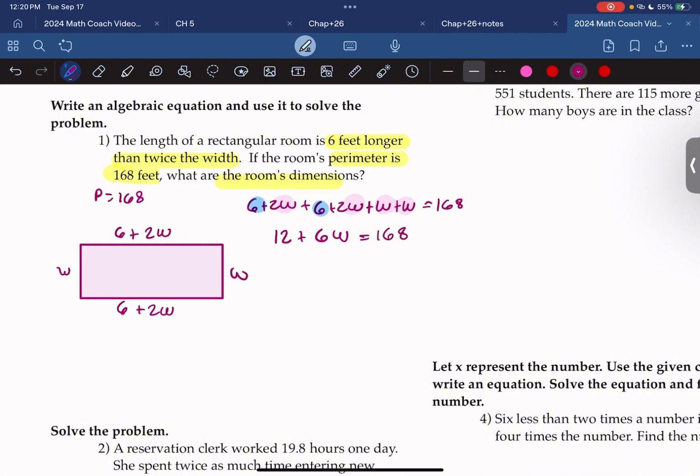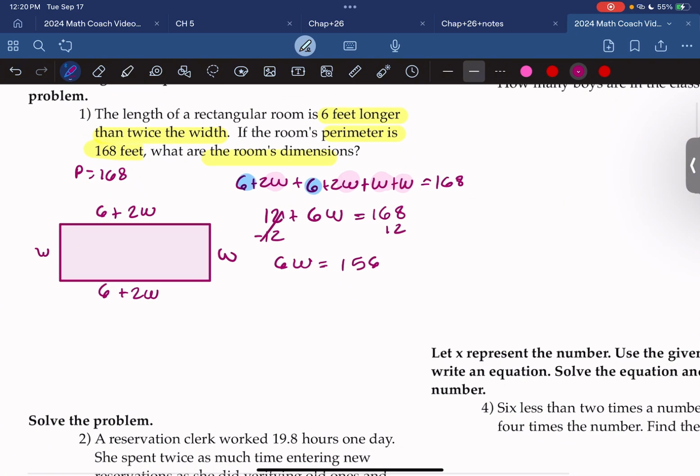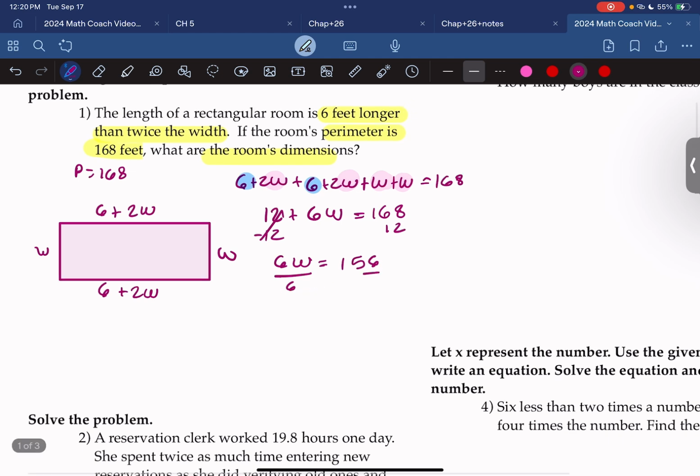And now we subtract 12 from both sides. 6w equals 156. Okay, so now we divide by 6. And w equals 26 feet.